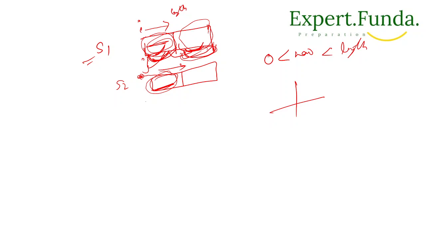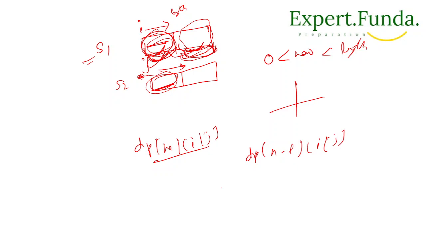So this means in dp we have some new length, some I, and some j, representing this first part. And if there is some dp, we take new length minus length, and then I and j.